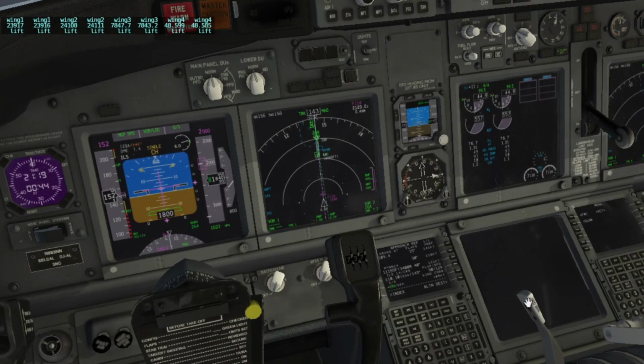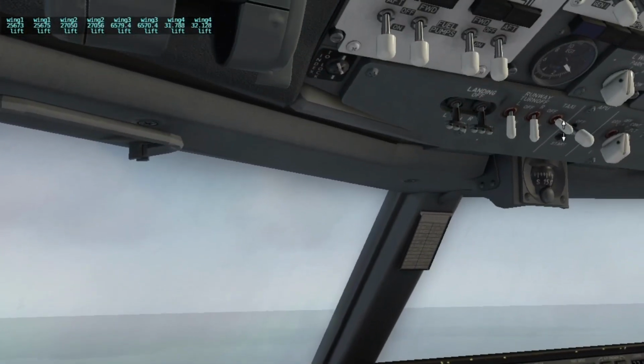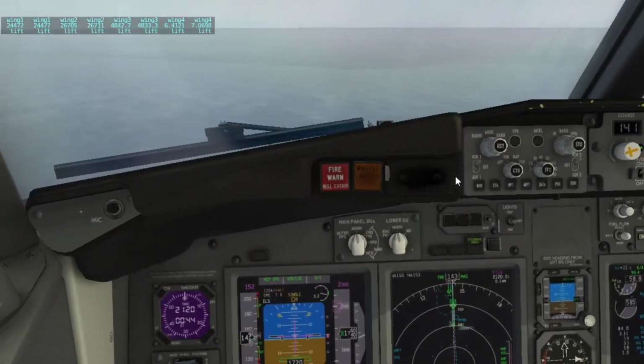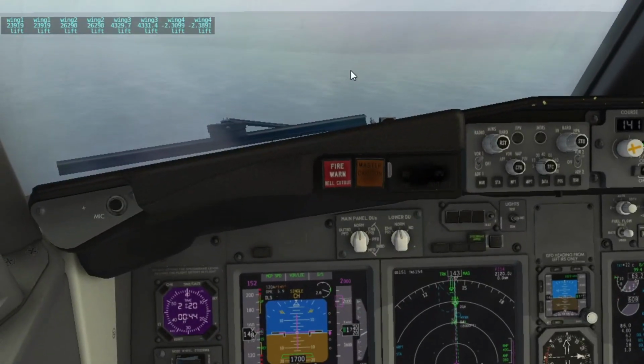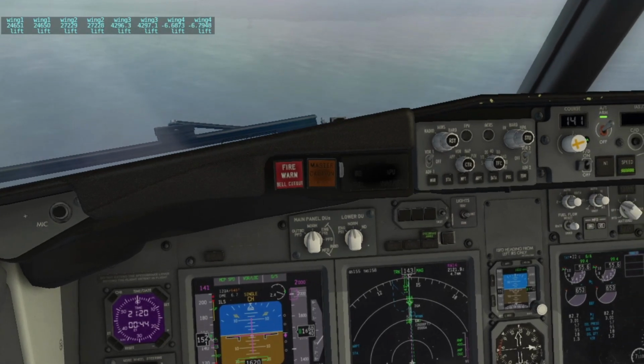Gear down. Flaps 15. Arm the speed brakes. Taxi light. Engine start switches on.